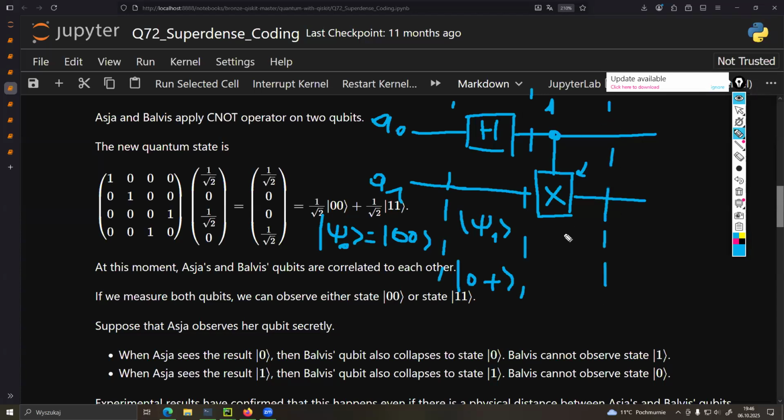And if this is C2, we land on a Bell state, which is capital Greek phi plus. Right? This is the short way to go around this.